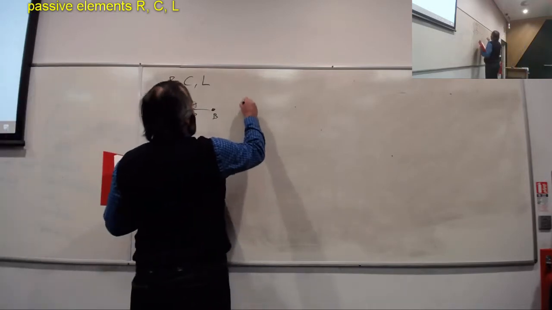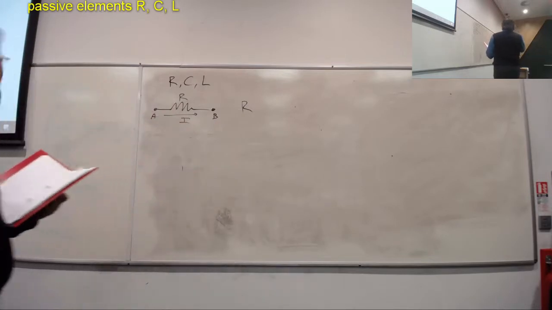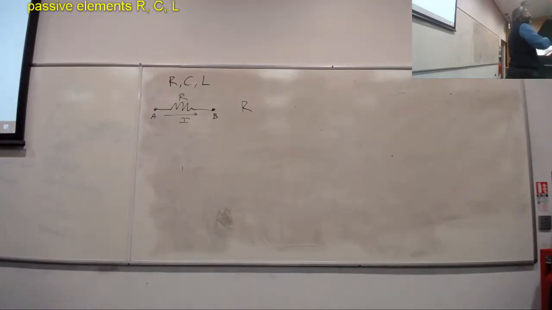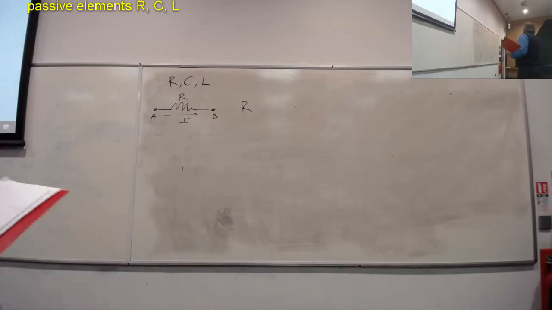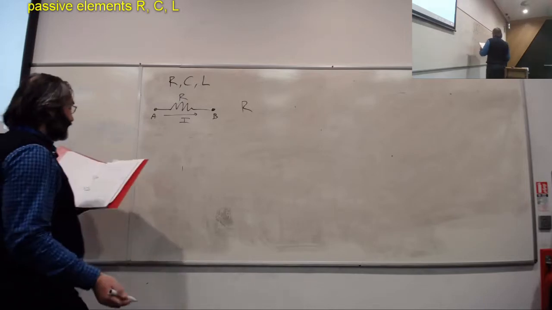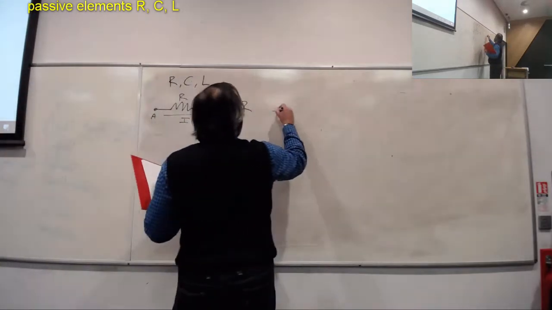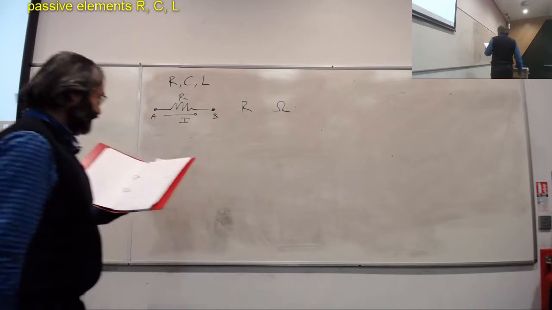With the symbol R, we indicate the resistance of the resistor. Remember the difference: the resistor is the physical component, the resistance is the electrical property that relates voltage and current. And the unit is the ohm, which we indicate like that.